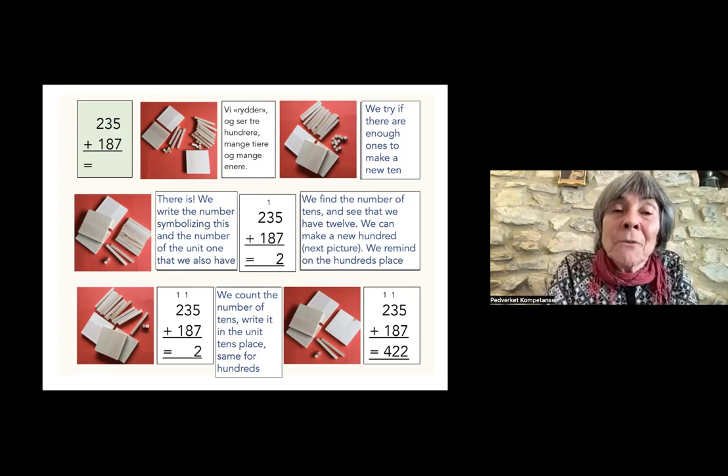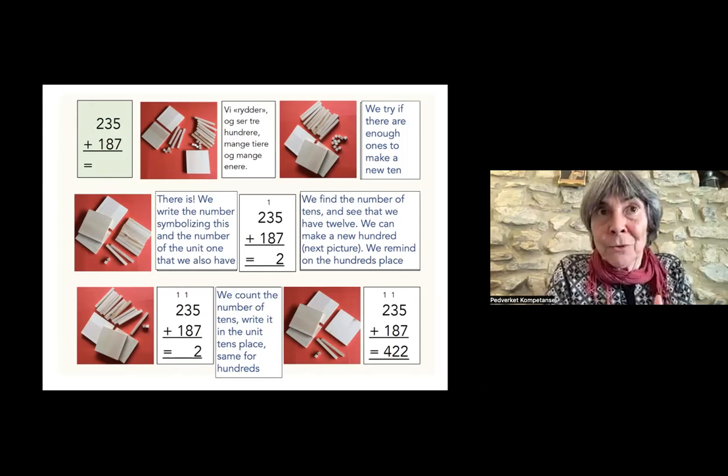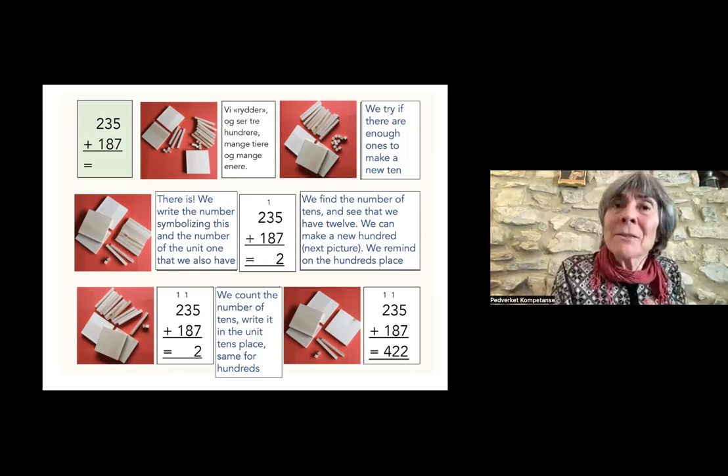And there is 100, 8 tens, and 7 ones. And when we are going to calculate this, it is possible to do it with real things when we have such material. And the kids can see that, okay, this is reality.